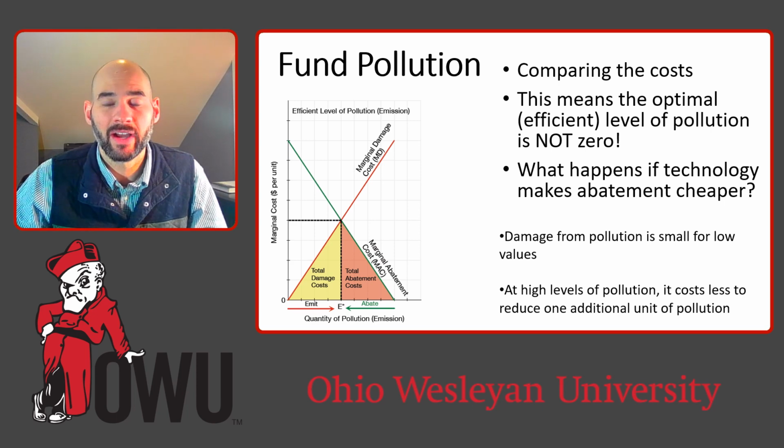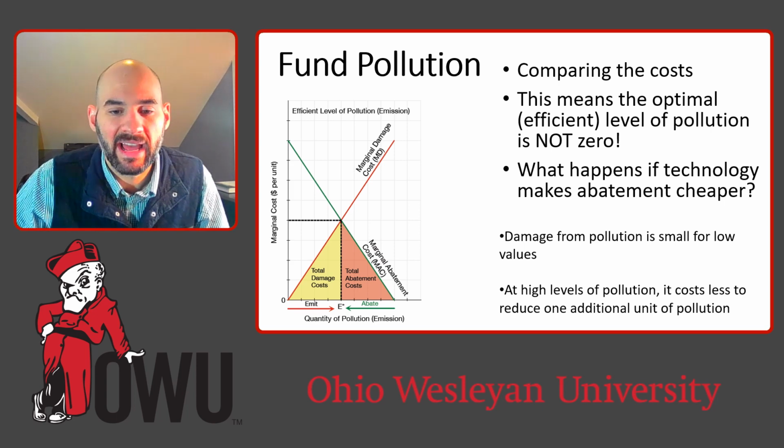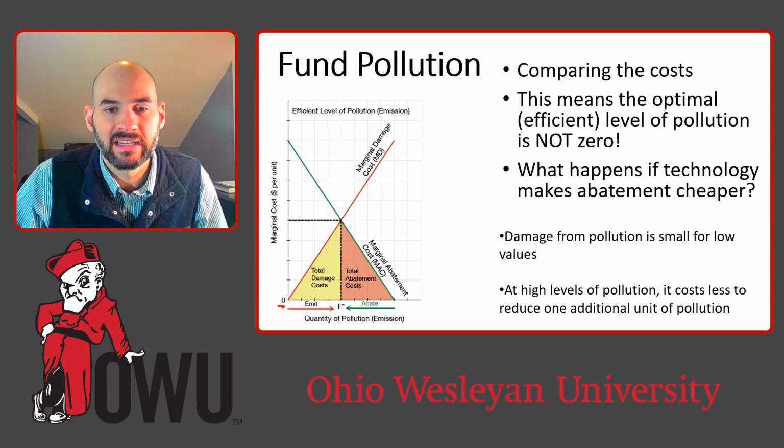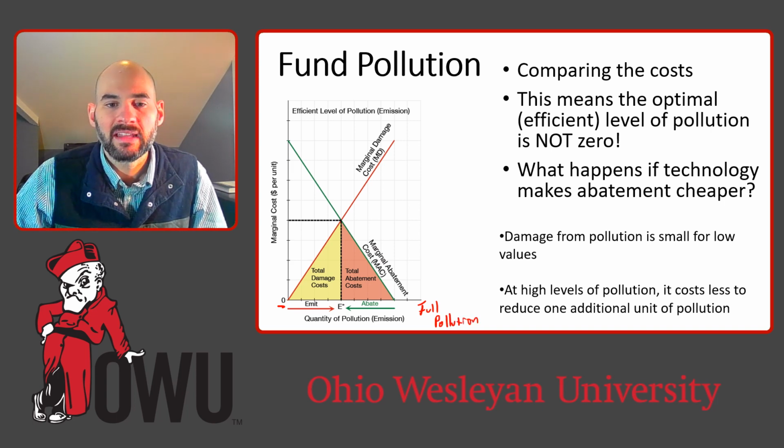So if we think of the marginal damage, the marginal cost from each additional unit of pollution as increasing, then if we have zero pollution on the left hand in the origin of this graph, and we have, say, full pollution, I'm not sure what that would be, on the right hand side, then we would have an upward sloping marginal damage curve.